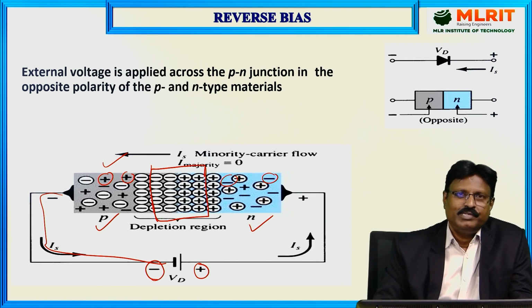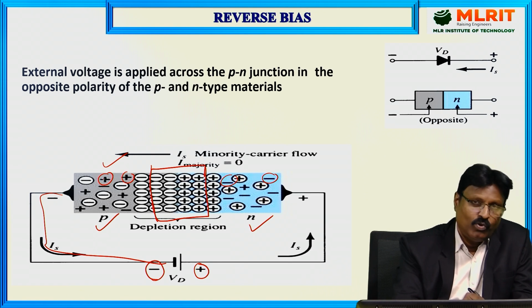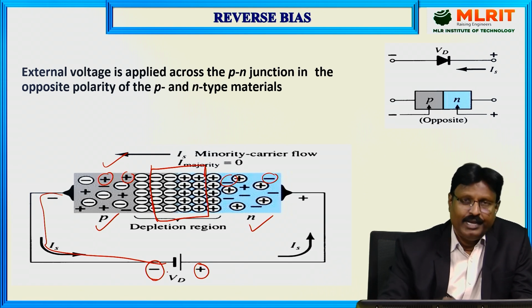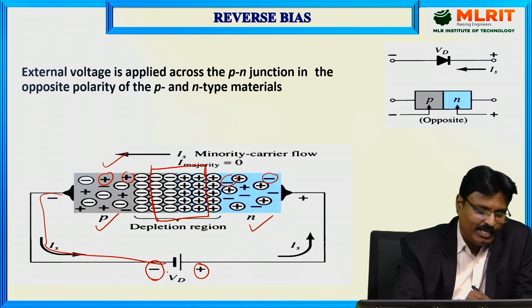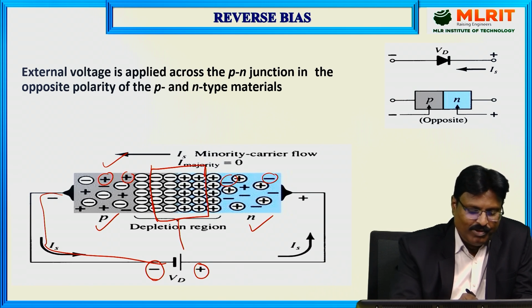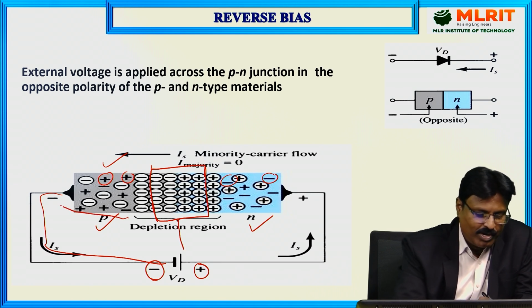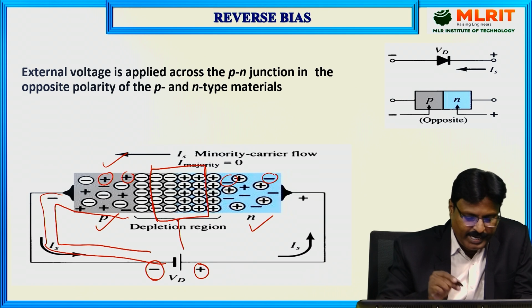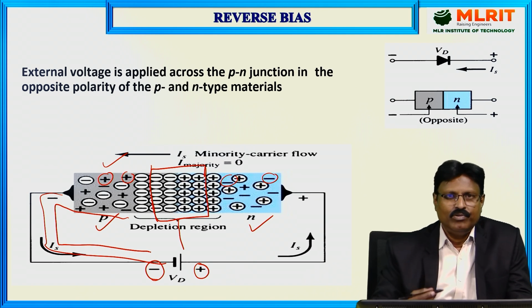What happens here? Attraction happens between the holes of the P region and the negative terminal of the battery. That means the holes want to move away from the junction. This is the junction, right? They want to move in order to come out of the device, in order to reach the negative terminal of the battery, due to attraction of opposite charges.